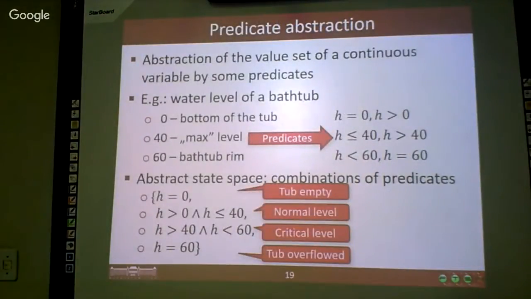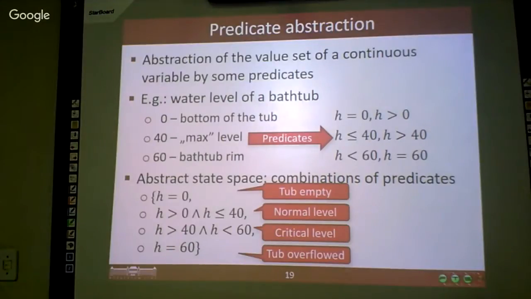And you can use abstraction to grab the most important part of the behavior of the continuous part. By using predicate abstraction, you can abstract the values of the continuous variables with the help of some predicates. Let's see an example.